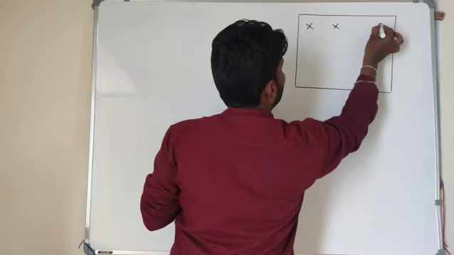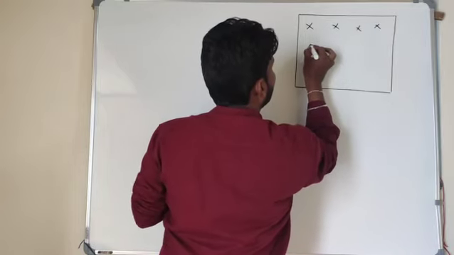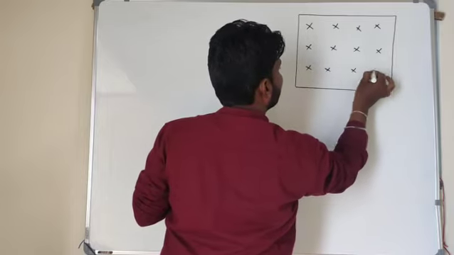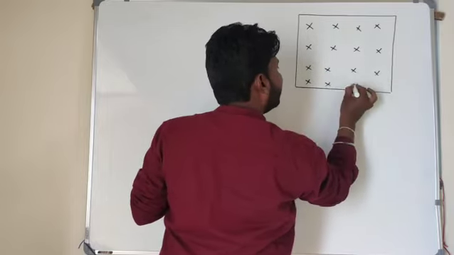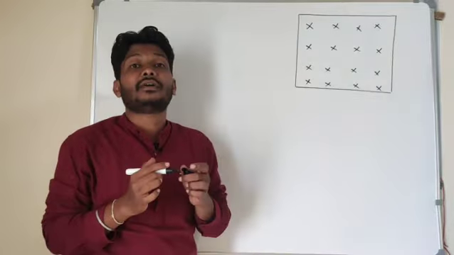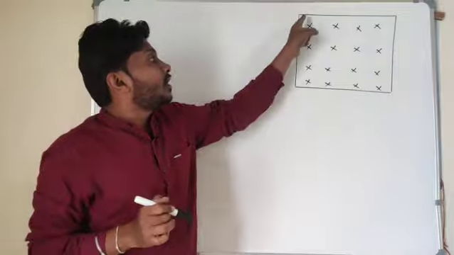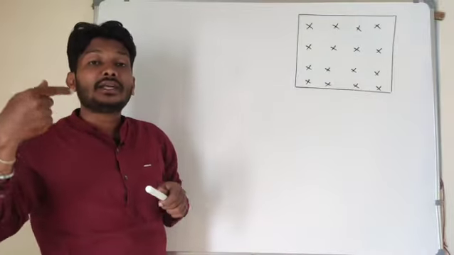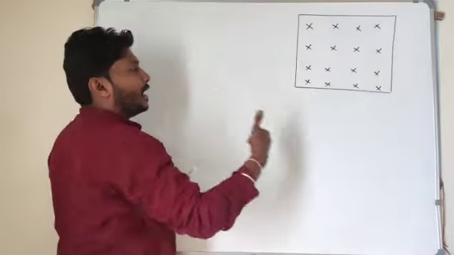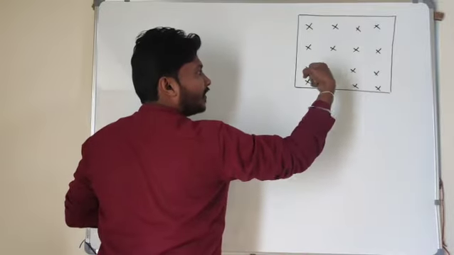The cross indicates the magnetic field. Now in this session we will understand the direction of this magnetic field. Here the cross mark indicates that the magnetic field lines are into the plane, or into the board. For example, this is the board, and the magnetic field lines are into the board.